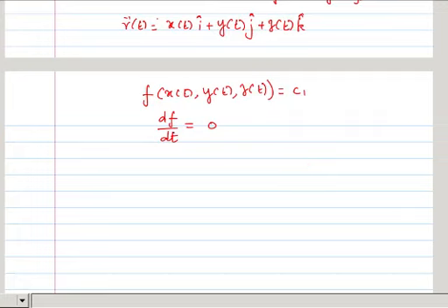Now I evaluate df by dt using the total derivative formula.